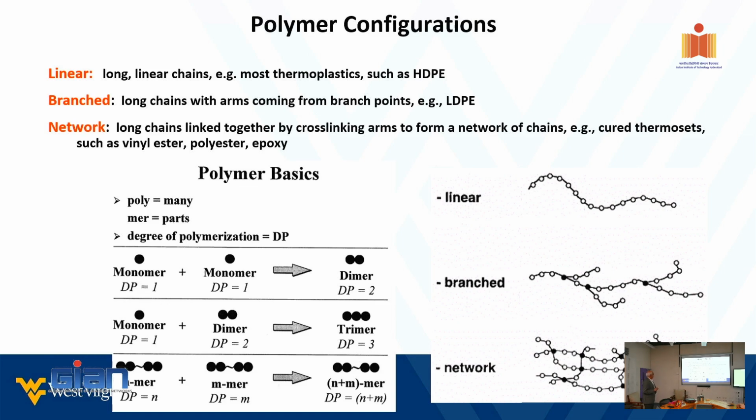So, a monomer, a molecule, two of them together, it becomes a dimer. And the dimer and a monomer is a trimer. And that trimer and more monomer will become a polymer. That's what it is. Now, I already told you there are broadly two types of polymers.